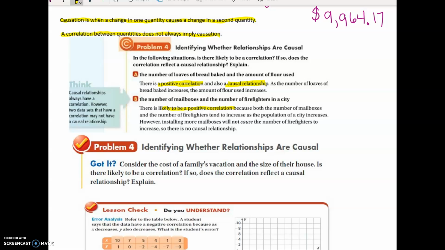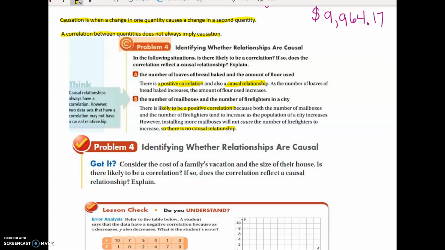However, installing more mailboxes does not necessarily cause the number of firefighters to increase. So we would say that there is no causal relationship. That's just a few examples there.